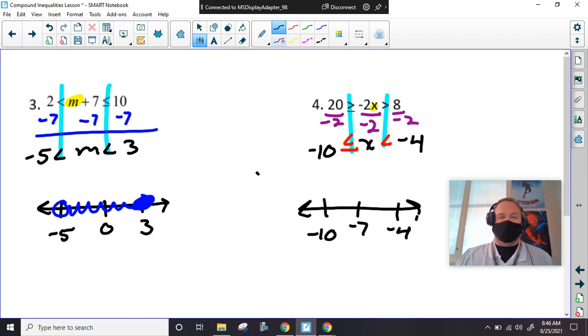Y'all make sure I don't mess up this time. What circle is on -10? Closed. What circle is on -4? Open. And what do you do in the middle?